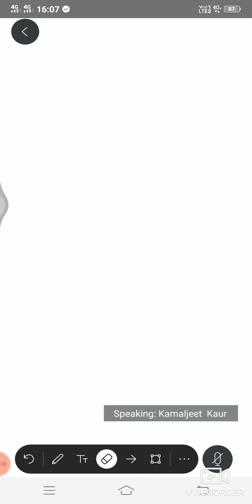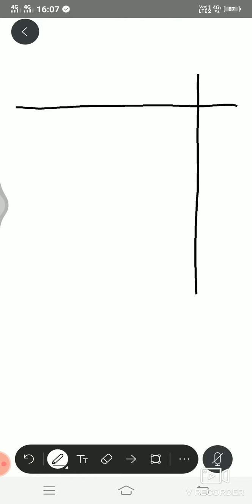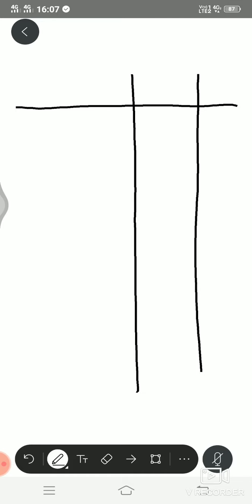Now we will be drawing phase voltages. Give a heading, phase voltages.